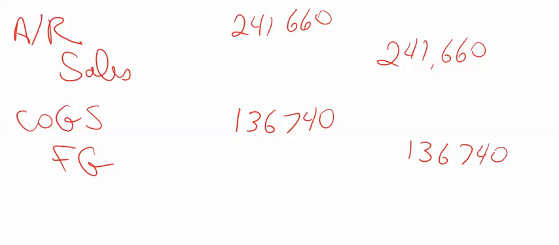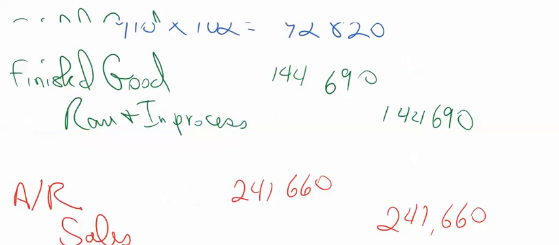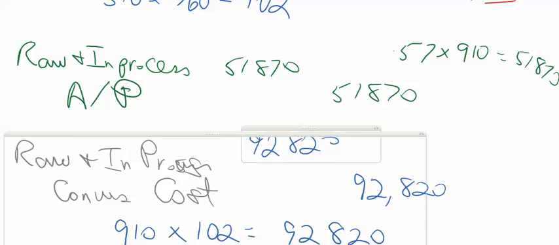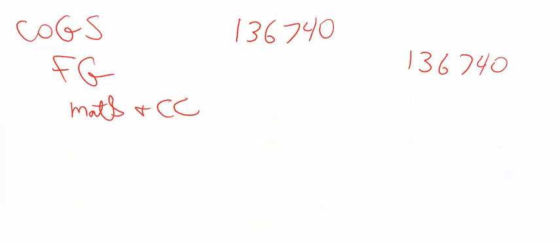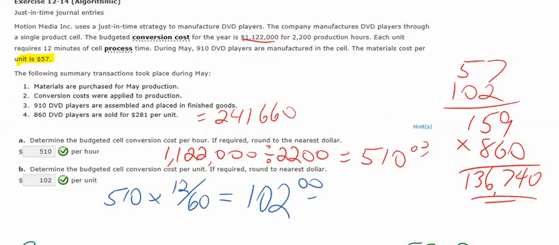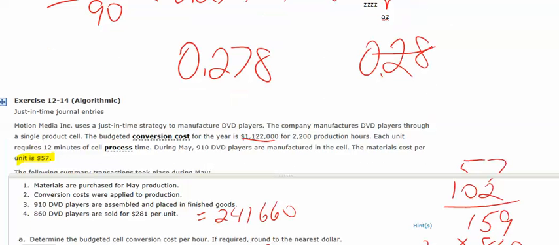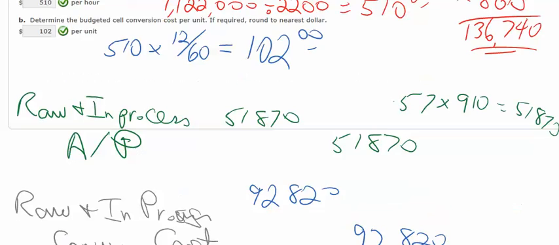So this entry, I took my materials plus the conversion cost, which is 57 and 102. My total cost to convert them, 159, and that was multiplied times my number of units sold. The number of units sold is 860.